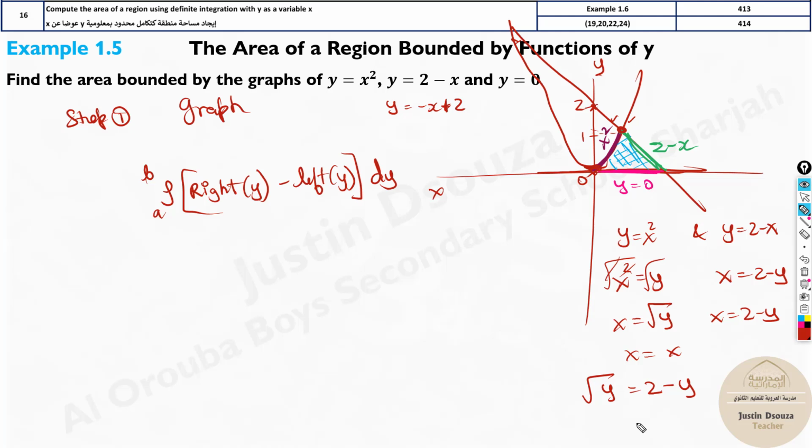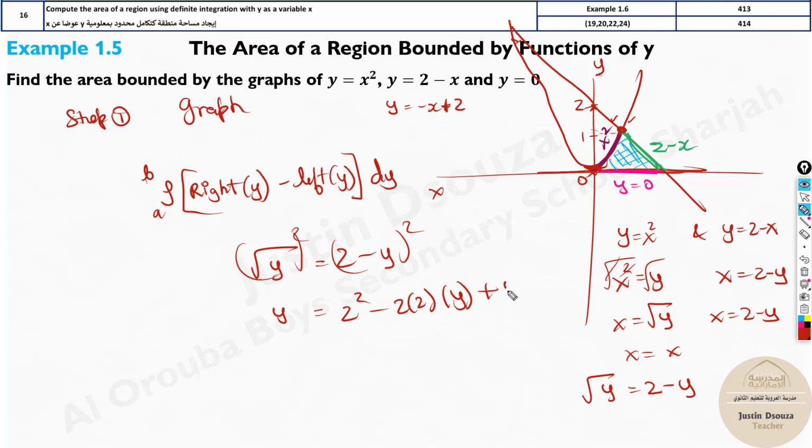Let's write the same thing over here. Square root y is equal to 2 minus y, right? Since I know they're going to touch at 2 points, I'll have two y values. I'll square both sides. It'll be y equal to, when you square, it's a squared minus 2ab plus b squared.